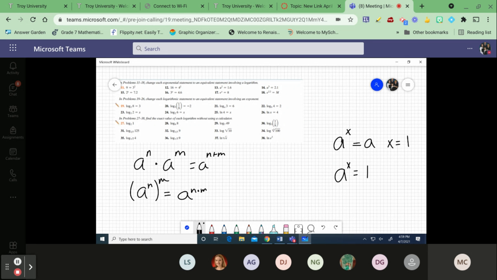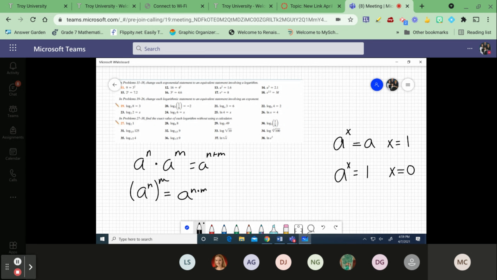What's the only exponent that's going to give me a 1 out here, regardless of what a is? A could be any number in the world. X has to equal 0, right?